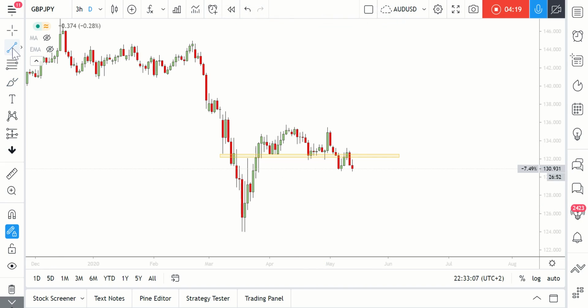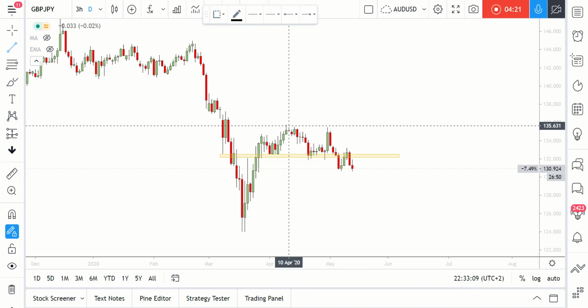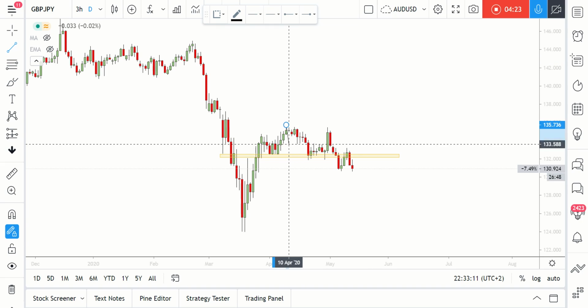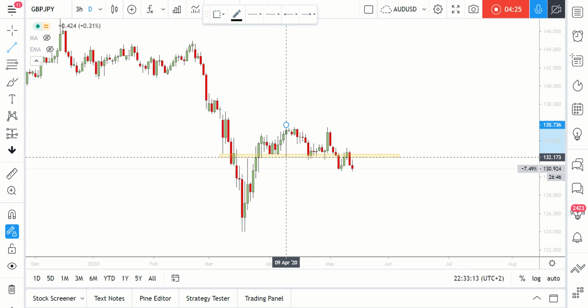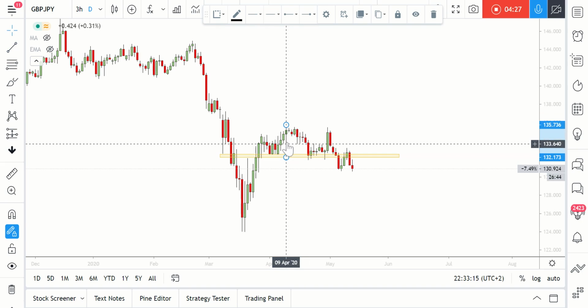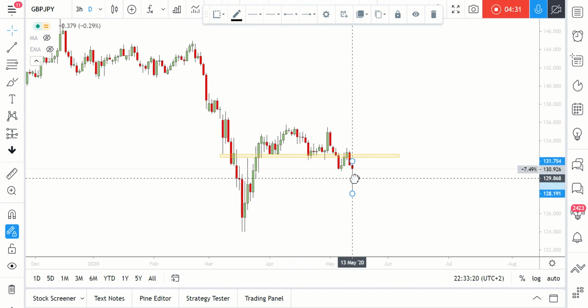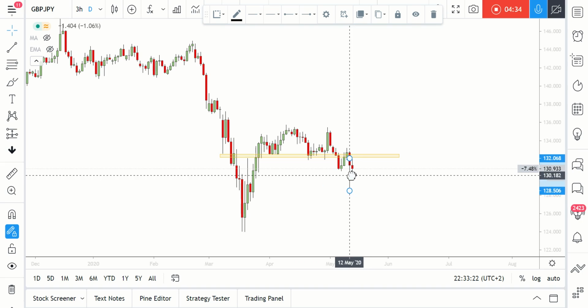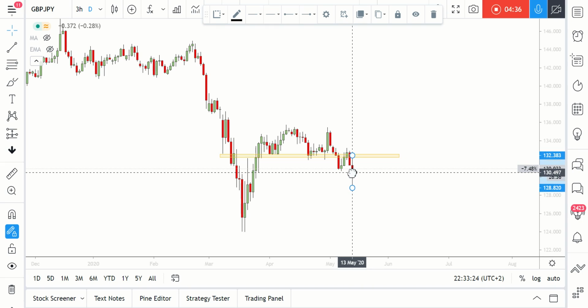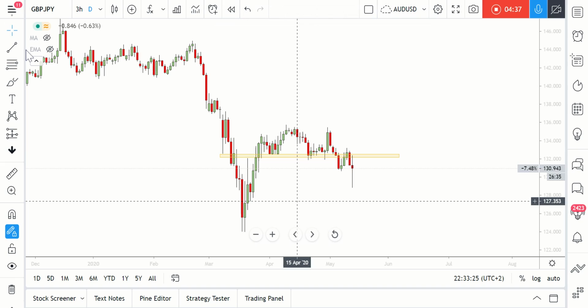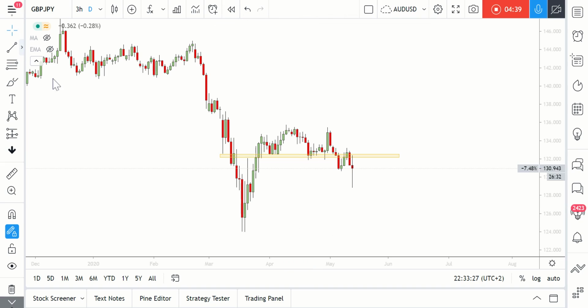Now the downside, how far are we looking for price to actually go down? What I do is I just have my vertical line from the head down to that neckline area or support area that's joining the two left and right necklines, and I just extend that lower.